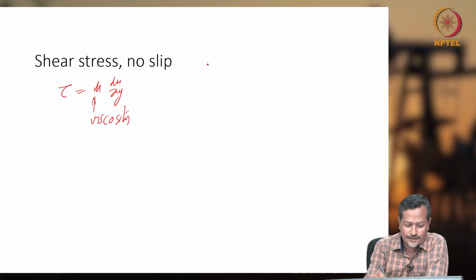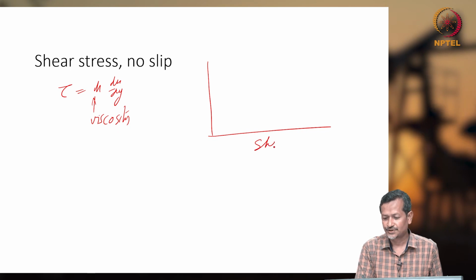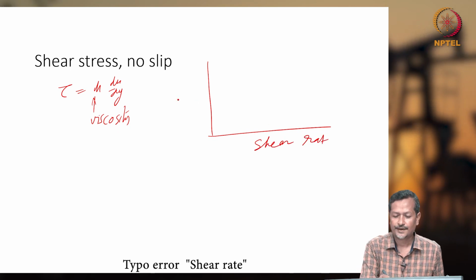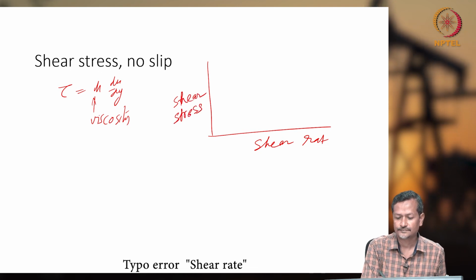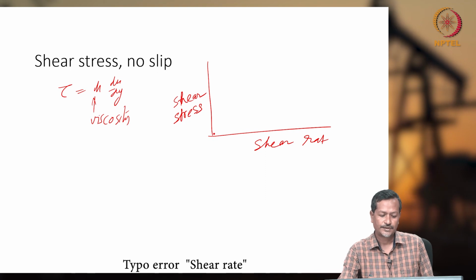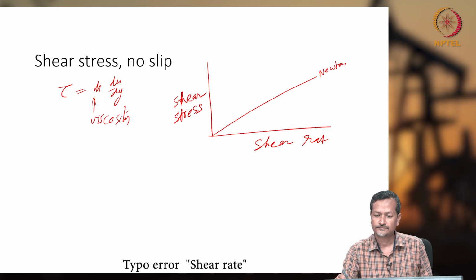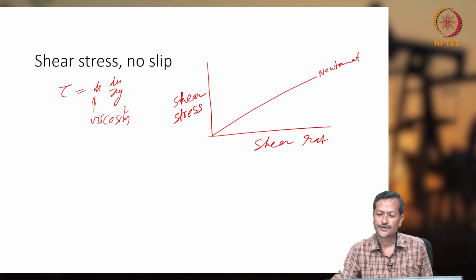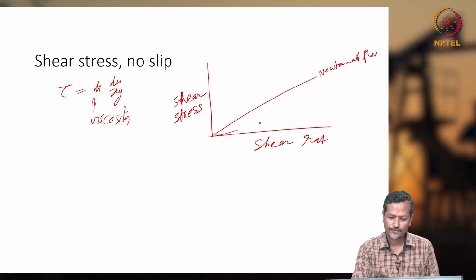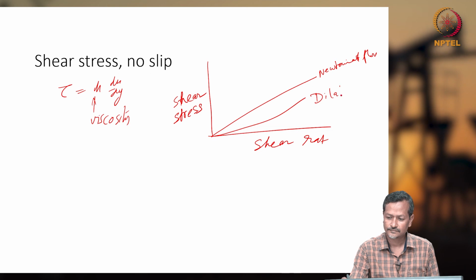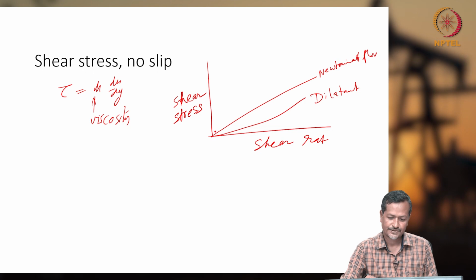So we plot shear rate against shear stress. For Newtonian flow, the curve will be like this. Newtonian flow. And for dilatant flow, and another is pseudoplastic.